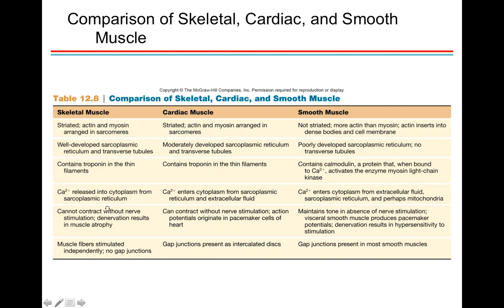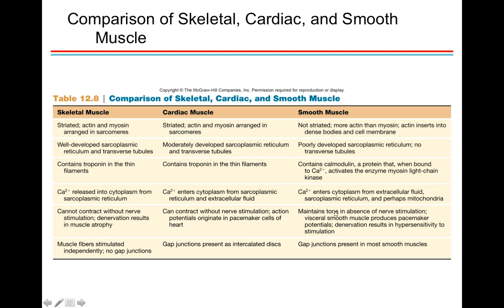So the skeletal muscle needs direct nerve stimulation from the central nervous system. The heart has its own pacemaker, which we'll be learning about, I think, next week. And basically, it can contract without stimulation from the central nervous system thanks to the pacemaker.